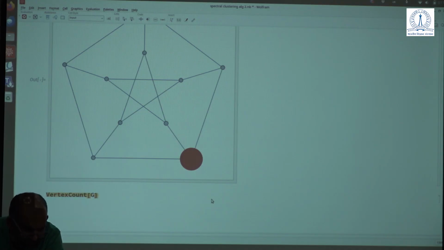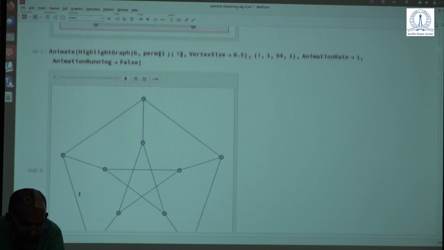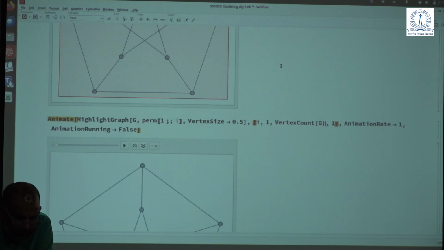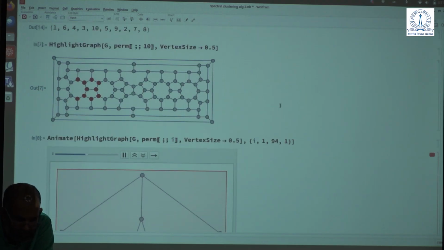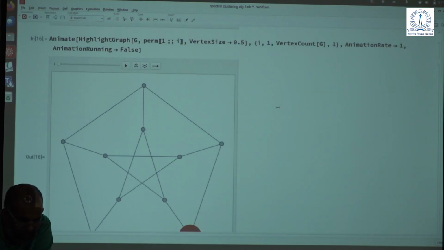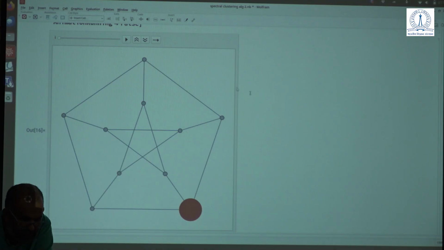Vertex count of G. So I'll just replace 94 over there by this vertex count. Okay. So forget about that. Let's just do the animation over here. So I'll start off the animation.